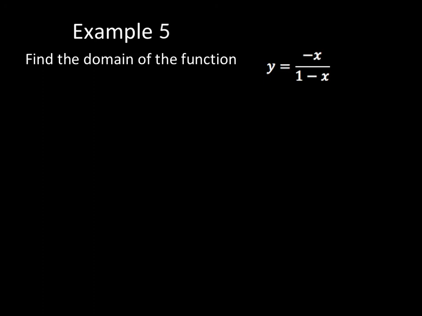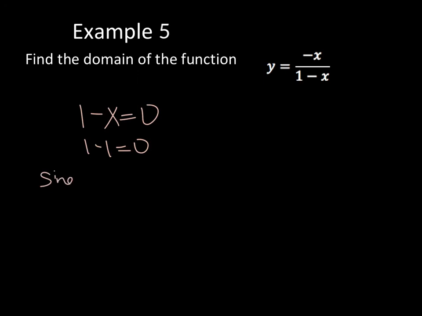So to do this, to find the number that I can, what I'm actually going to do is take my denominator, 1 minus x. I want to find where it actually equals 0. So what I'm going to do is 1 minus x equals 0 and solve for x. You can ask yourself, what number subtracted from 1 is equal to 0? So I know I can get 0 by subtracting 1 from 1, right? So I can say, okay, 1 minus 1 is equal to 0.